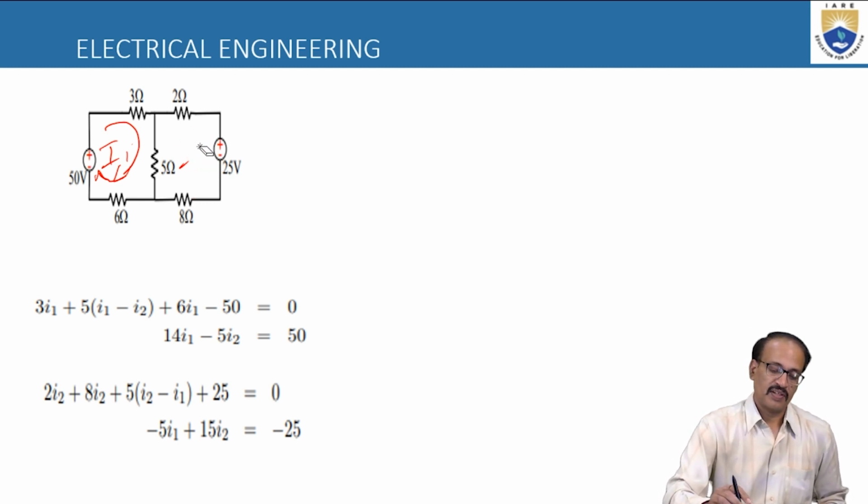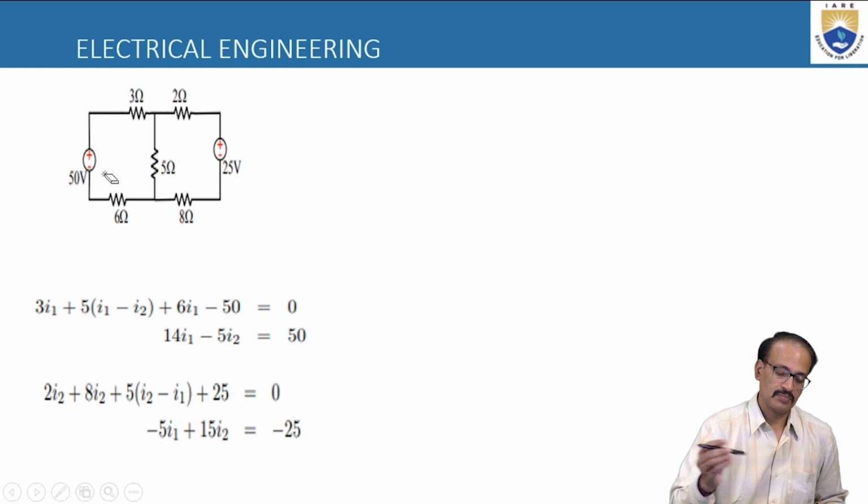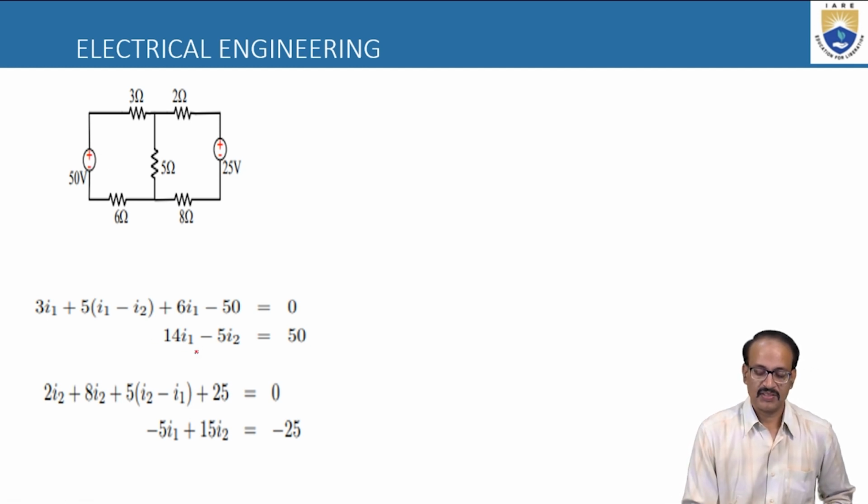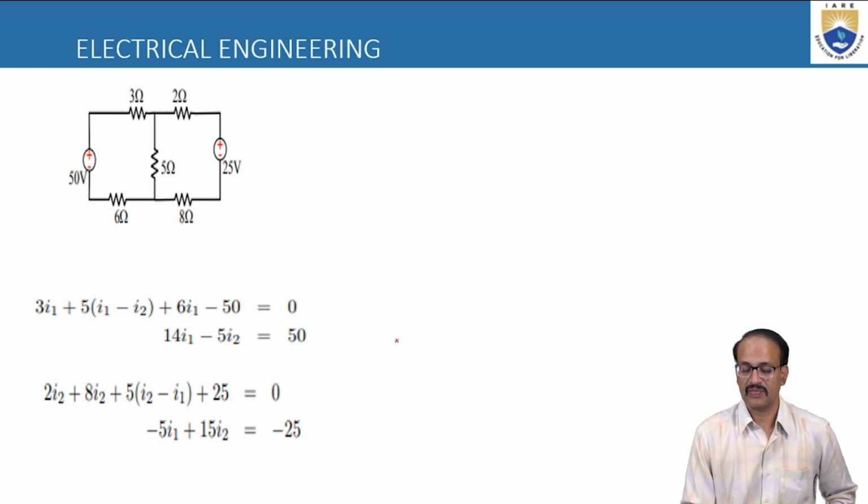If you simplify, the first equation I got is 14I1 minus 5I2 is equal to 50. And the second equation is minus 5I1 plus 15I2 is equal to 25.